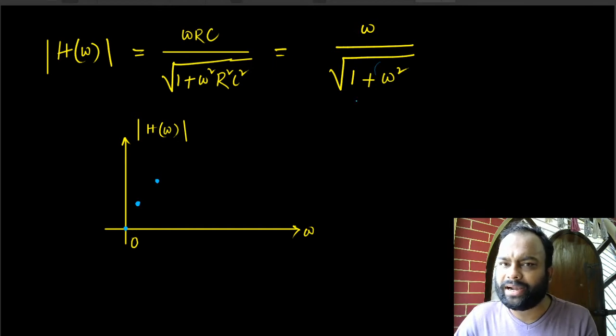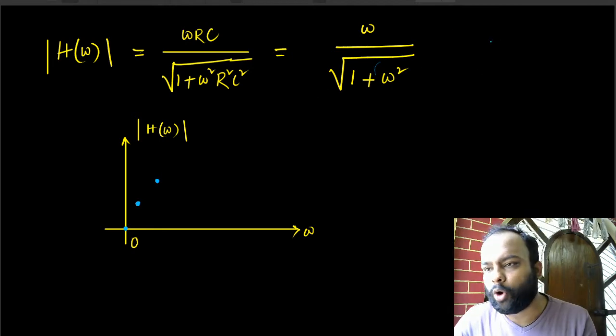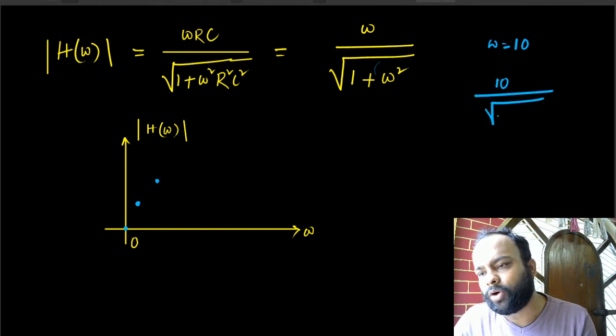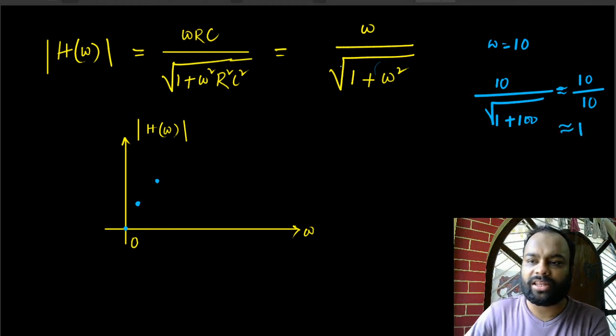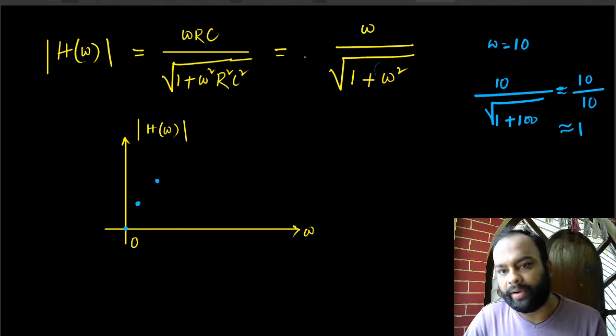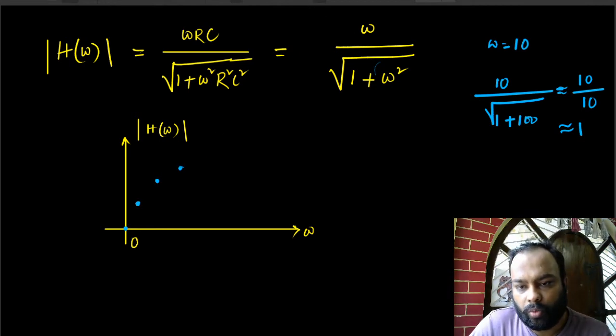So when omega is 10, I would have 10 divided by root over 1 plus 100. So that's 10, and the denominator is approximately 10 because that's the square root of 101. So that is approximately 1. So as omega increases, this value approximately reaches 1, right? So we would have a situation like that.